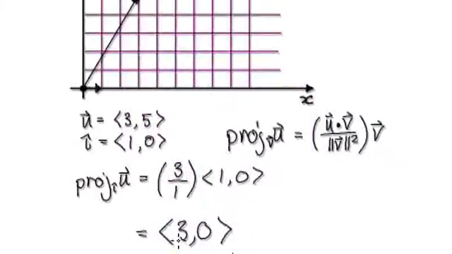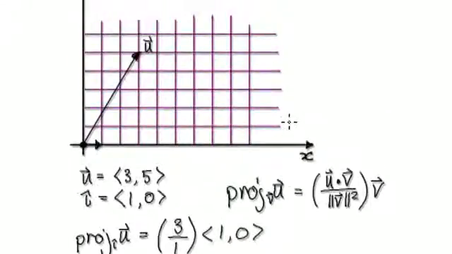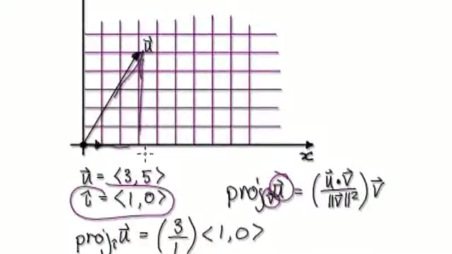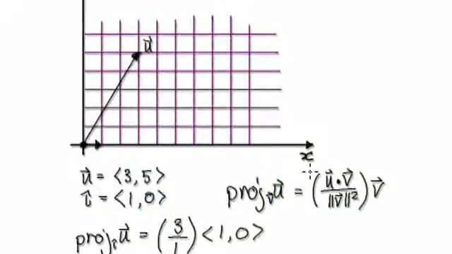The point I'm trying to illustrate here is that when you project vector u on top of I, because this is a unit vector, you can just simply perform the dot product, and that would then give you the whole thing here.